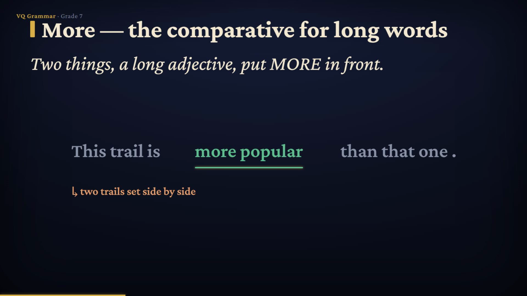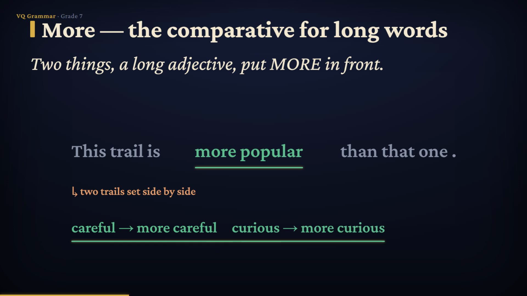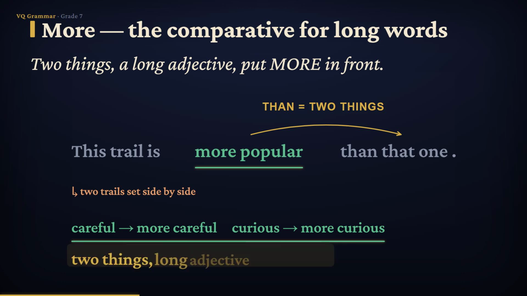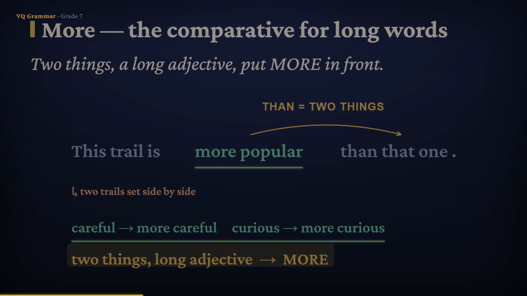It works the same for any longer adjective. Careful becomes more careful. Curious becomes more curious. And just like before, the little word than tags along, because you're still setting two things next to each other. Two things plus a long adjective equals more.